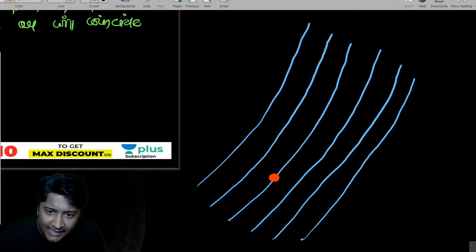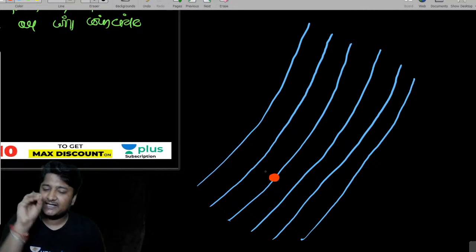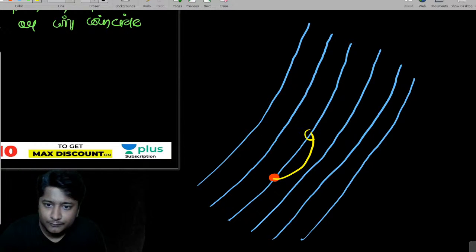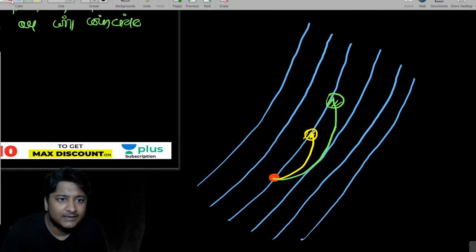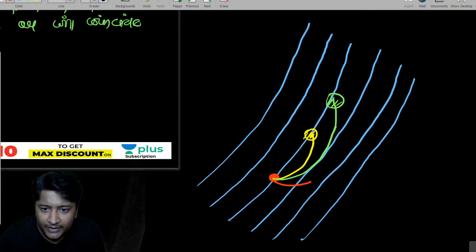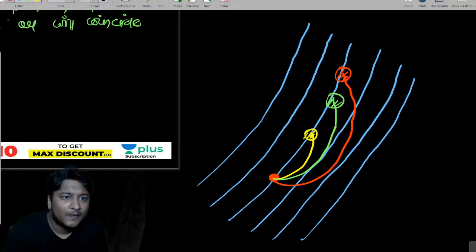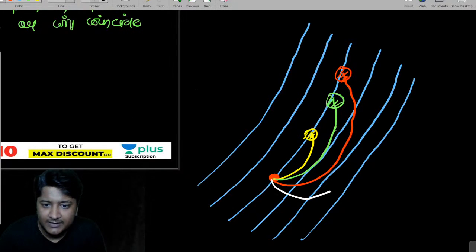At this point, all particles are passing. So what happens? One particle is going like this, another particle is going like this, another particle is going like this, another particle is going like this.